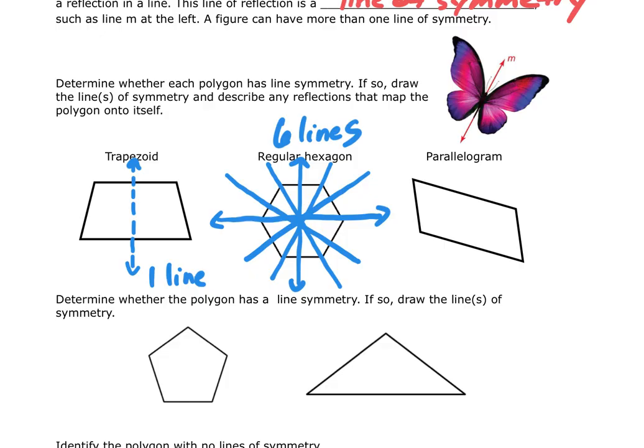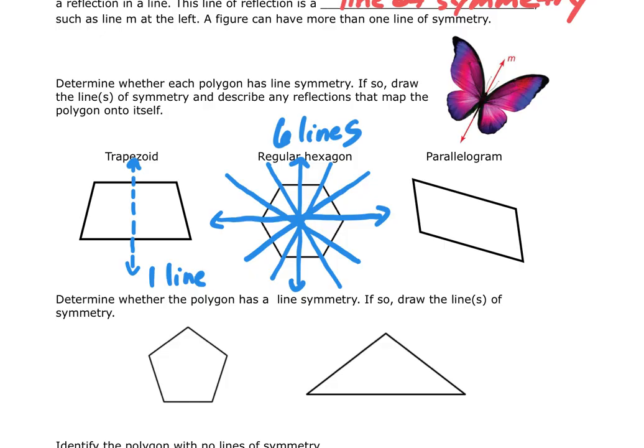What about this parallelogram here? If I draw a line like this, is that a line of symmetry? No. What about if I went diagonally like this? Think about this. Where would this point have to go? I'm going to reflect this directly across that line. When I reflect this point over here, does it land on the shape? No. Same thing here. This one reflects up here and doesn't land on the shape.